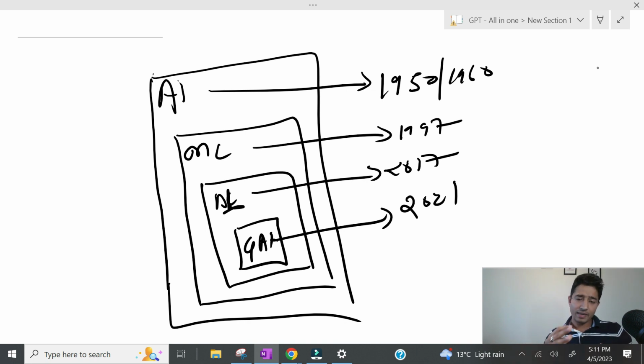So now we came to know one thing, that generative AI is a neural network or a deep learning network, right? And deep learning is a subset of machine learning, and this is the whole AI, and this is where generative AI falls in that AI ecosystem, right?